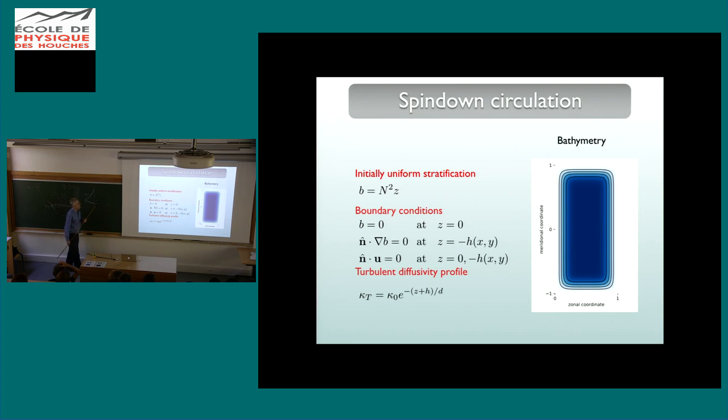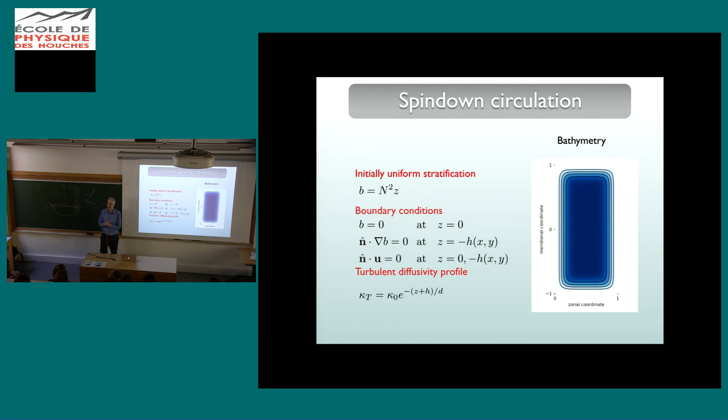So, first of all, even before I describe the boundary condition, I had to tell you what domain I want to work on, and I'm going to work again on a bathtub. In this case, the bathtub has walls that are a bit steeper than the ones I had before, so we're trying to be a bit closer to an ocean-like domain, but still, our slopes are too steep compared to the aspect ratio of the real ocean.